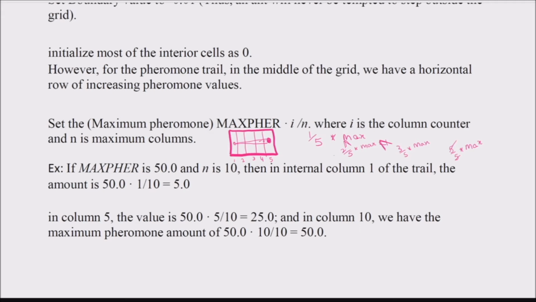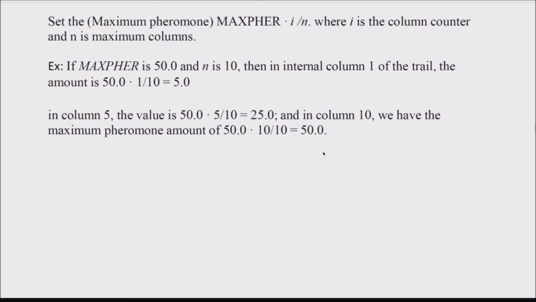So in that case, we consider this one has less, this one has more, right? That's the purpose, the reason that we're setting it up with this equation. It helps it to increase from a low value to a high value, right? So that's the idea of setting up the chemicals on it.